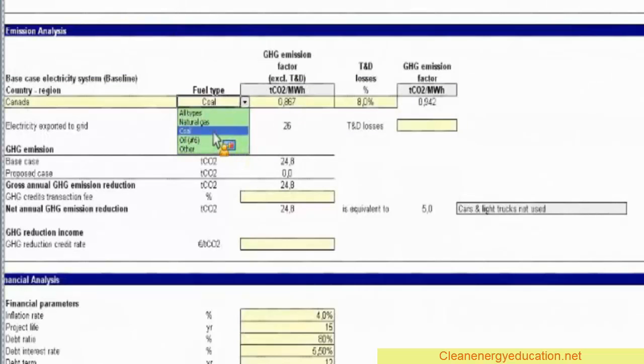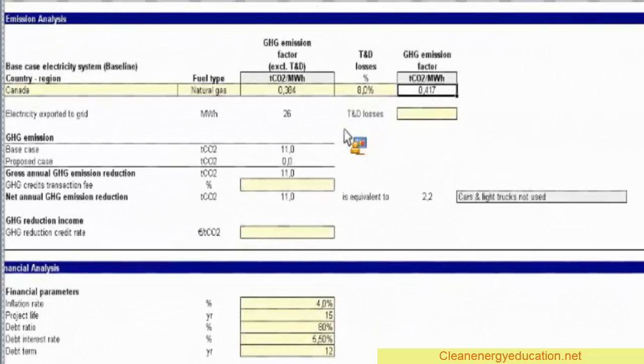So if we choose coal, which is quite carbon intensive, we find a ratio of 0.8 tons CO2 per megawatt hour. If we add transmission and distribution losses, then we are close to 1 ton per megawatt hour. Well, this is probably one extreme assumption. We can choose other technologies like natural gas. In this case, we will be roughly at 0.4 tons per megawatt hour.